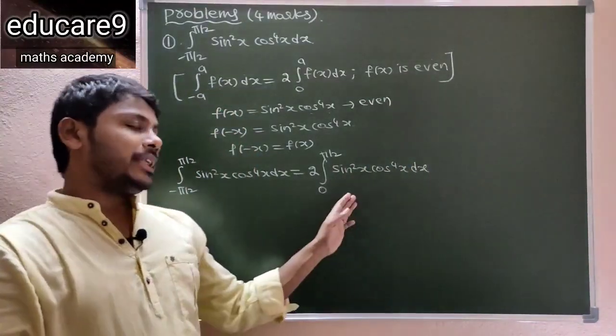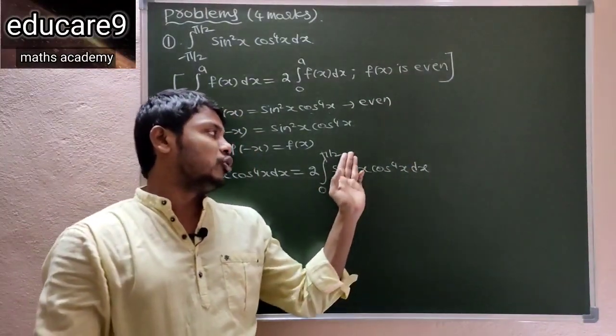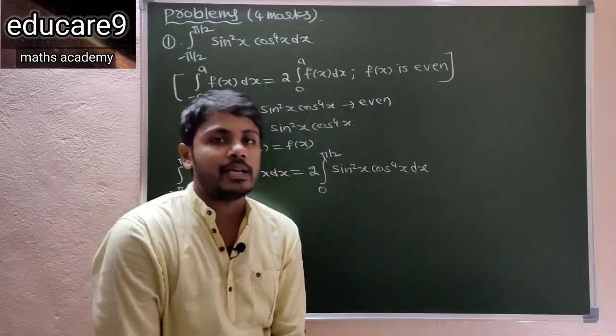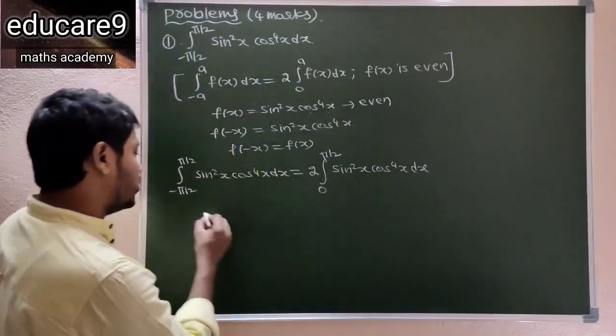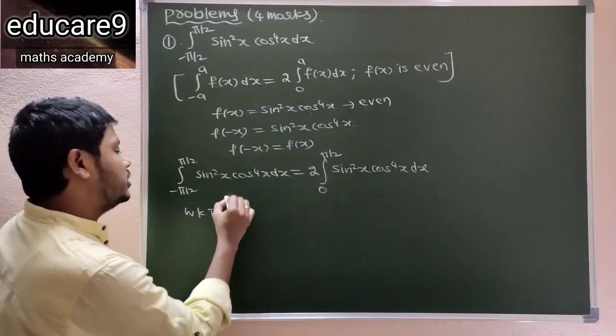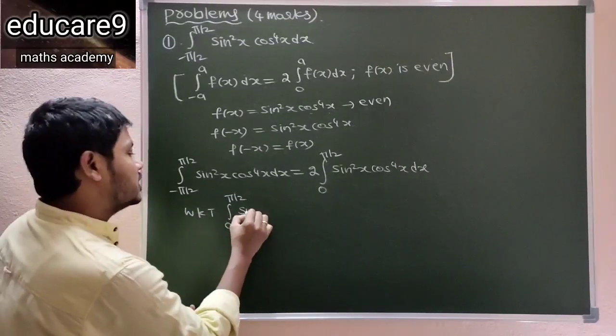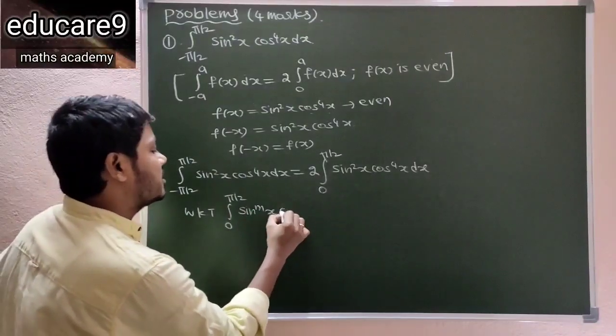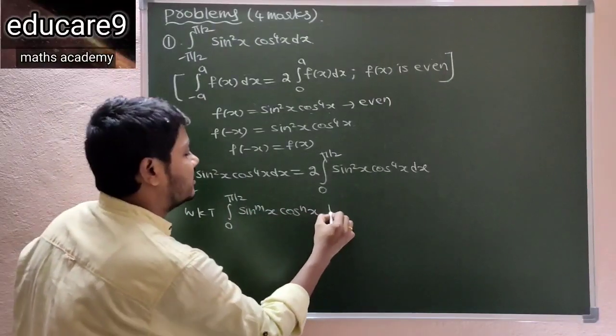So clearly here apply the reduction formula, that is integral 0 to pi by 2 of sin power mx cos power nx dx.